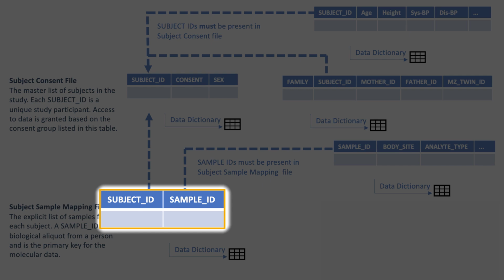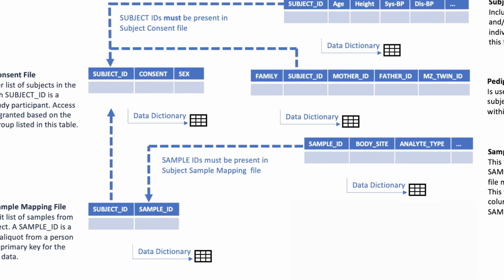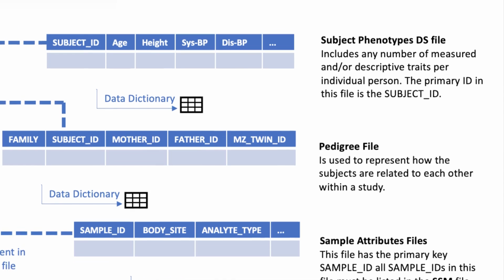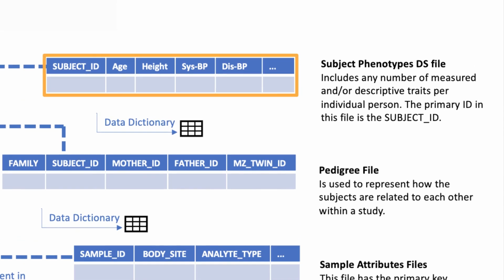Ideally, a sample ID is for the final aliquot used to produce the molecular and high-throughput sequencing data. Each sample should be further described in the Sample Attributes dataset, with minimally the variables such as body site, analyte type, and tumor status. Any number of variables may be added, and there can be more than one Sample Attributes file. We also expect subject phenotype data to be submitted.